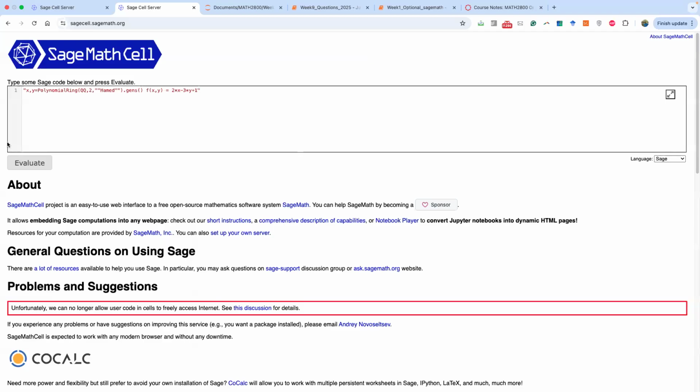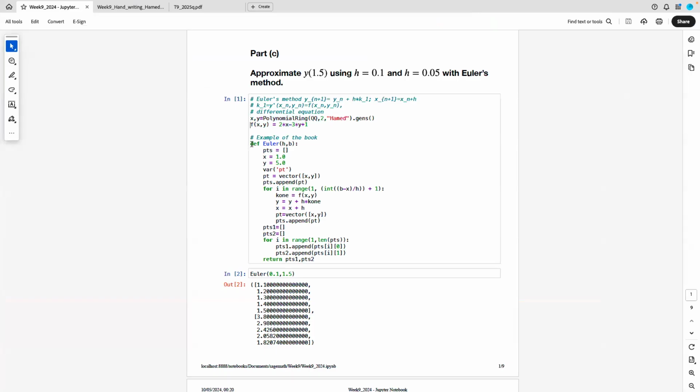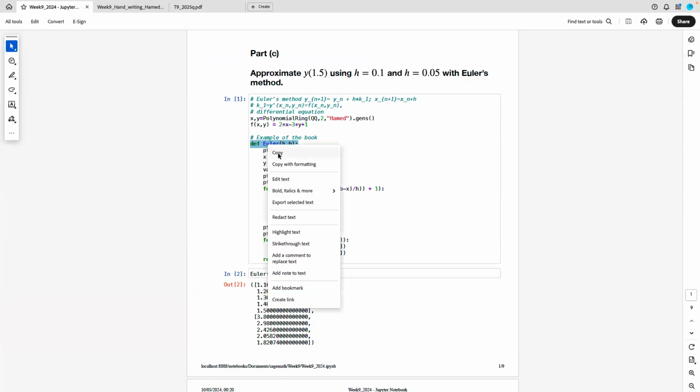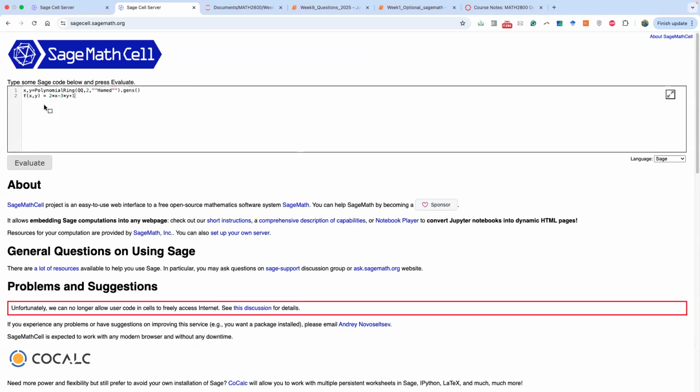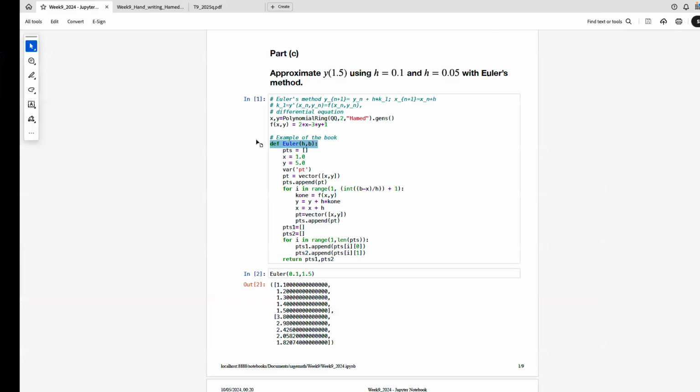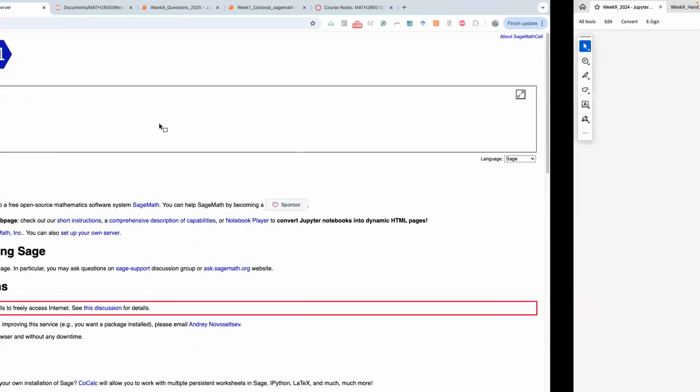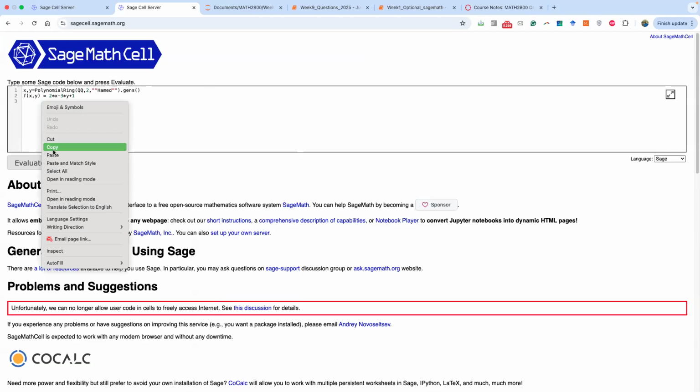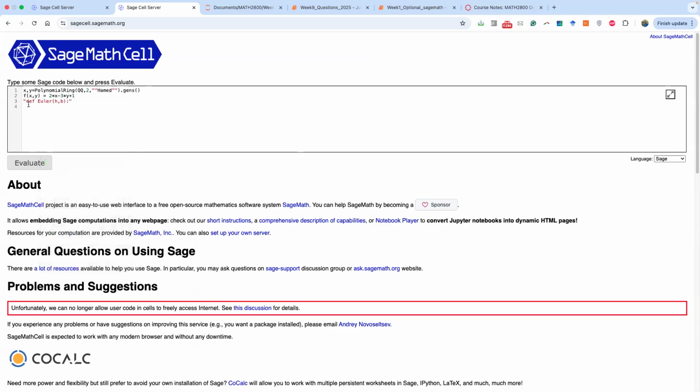So what you will do is just get this one, and this one should be in this one. If I were you, I would just copy line by line. Okay, it still didn't work. Copy with formatting. I will do this one. Paste and match style.